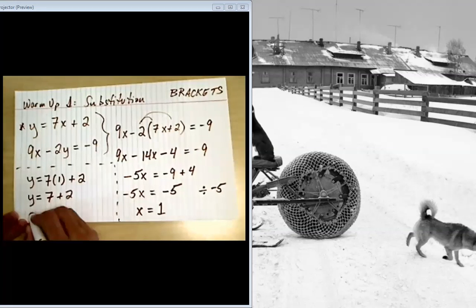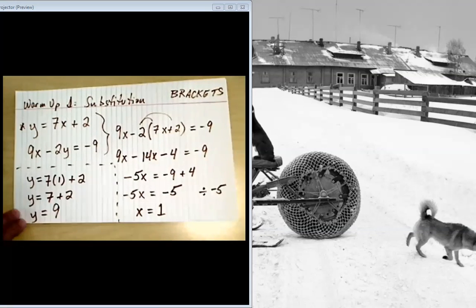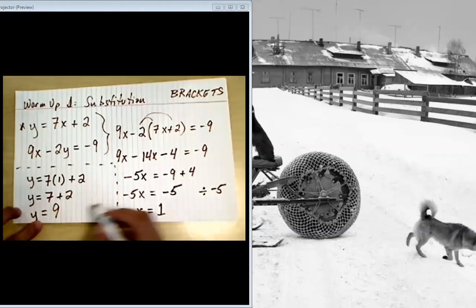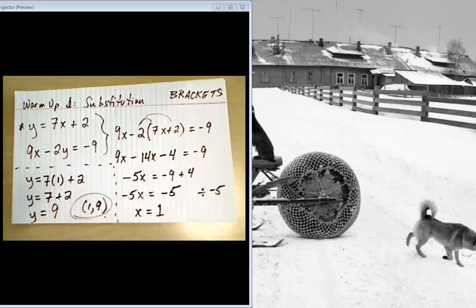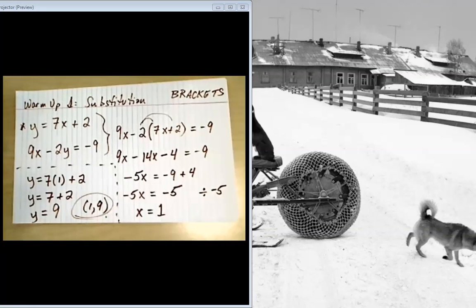So y will equal 9. Yeah, good. So we have x and we got y. Final answer: 1 comma 9, both of those together. So that's the substitution style question there.